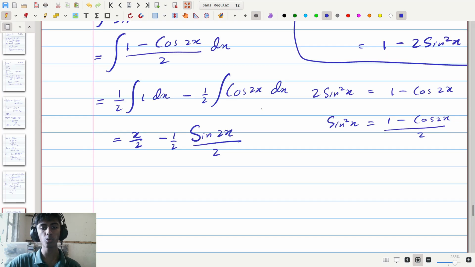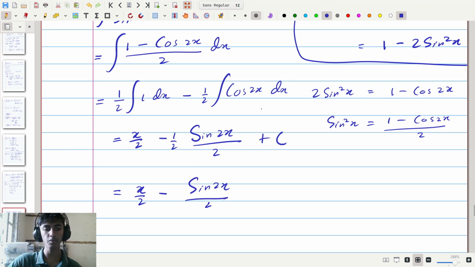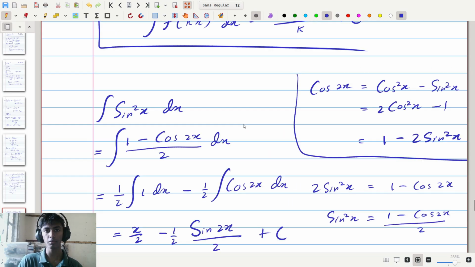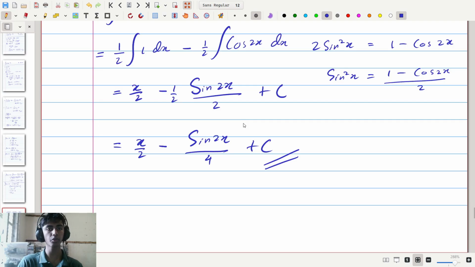Simplifying this down, this 1/2 and this half here can be turned into 1 divided by 4. Therefore, we can rewrite this as x divided by 2 minus sine 2x divided by 4 plus c. This is the integral of the sin² of x. The integral of sin² of x with respect to x is equal to x divided by 2 minus the sine of 2x divided by 4 plus c.